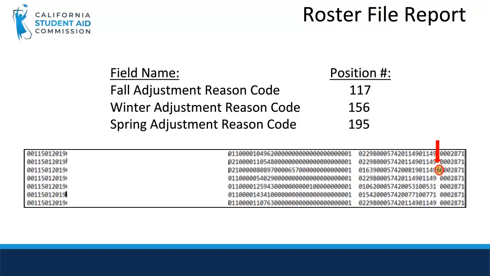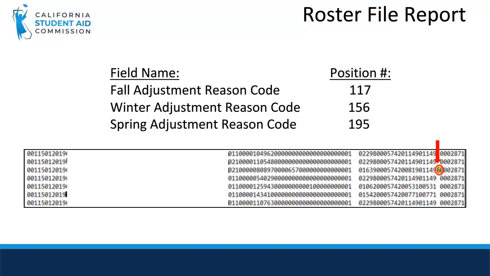The Middle Class Scholarship Roster File Report that is available to campuses also identifies records that have a payment in a recertified status. The report is available on Mondays and Wednesdays after the weekly and Tuesday night job runs for the Middle Class Scholarship Program.